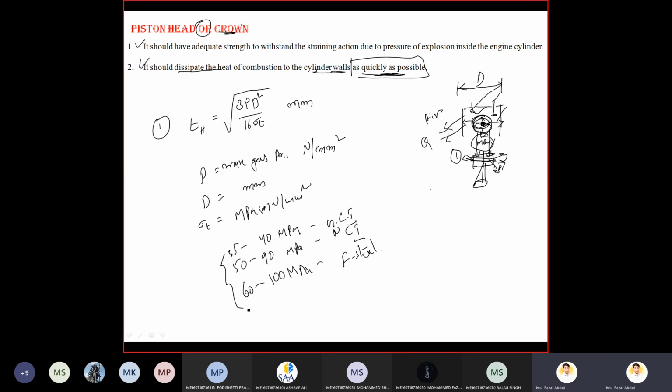These values at any cost we have to remember, and this equation at any cost we have to remember. So this is the equation based on the strength criteria.